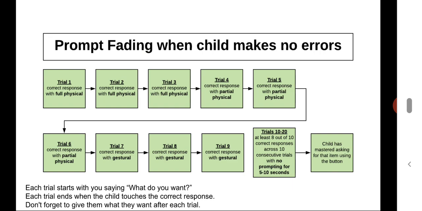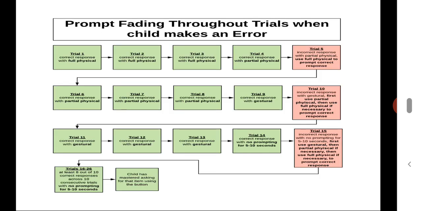But let's talk about what happens when your child makes a mistake. Similar to before, look through here. Trials 1, 2, and 3, full physical. Everything was right. Trial 4, they got a correct response with partial physical. But oops, trial 5, we tried that partial physical prompt again, but they did not touch the right button with just partial physical.